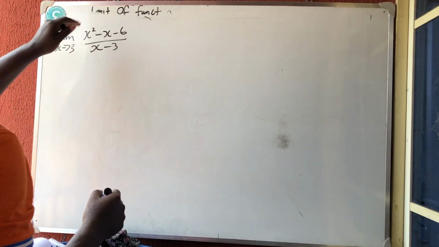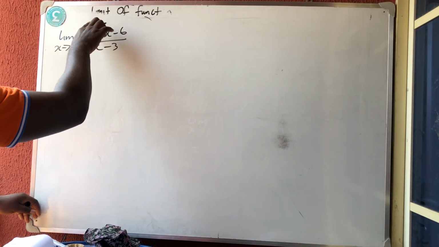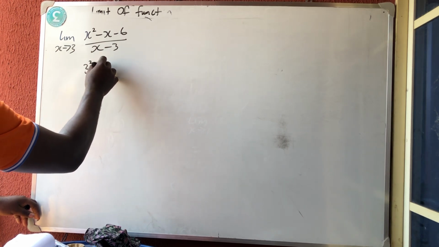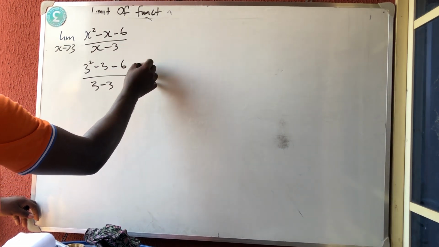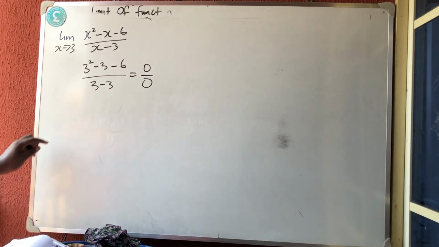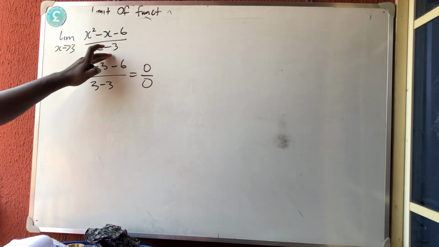Now if you substitute, you're having 3 squared minus 3 minus 6 all over 3 minus 3. You see, I'm having 0 over 0. And immediately you have 0 over 0, just apply L'Hospital's rule, which said what? Differentiate the numerator, then differentiate the denominator.